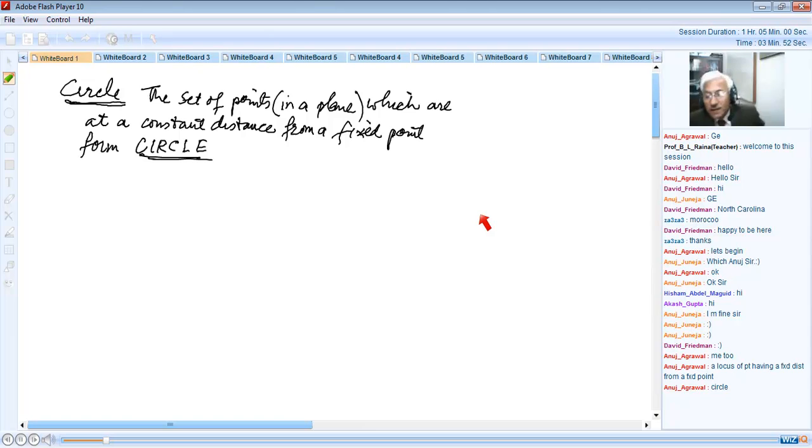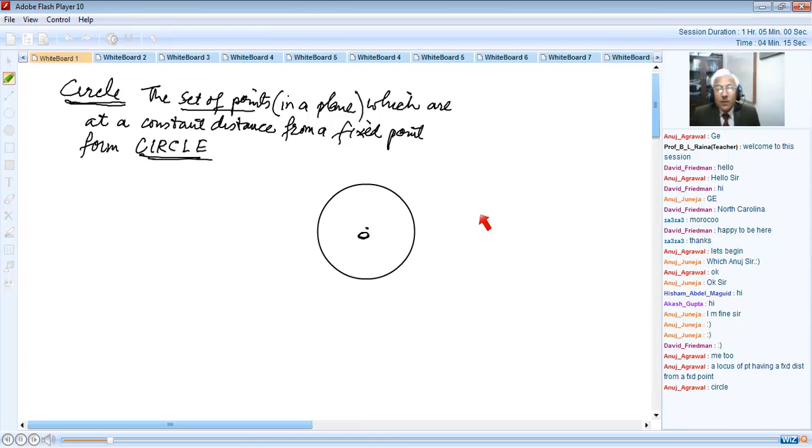Can you understand? That's right. The circle fixes the set of points. You see, suppose I have drawn a circle over here. This is the center.